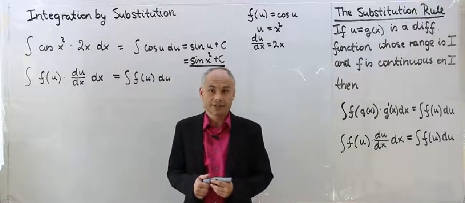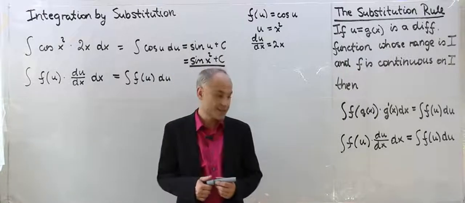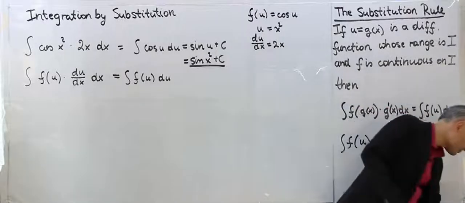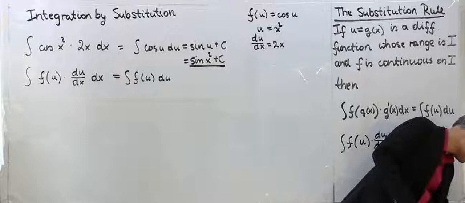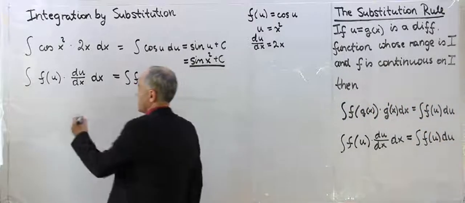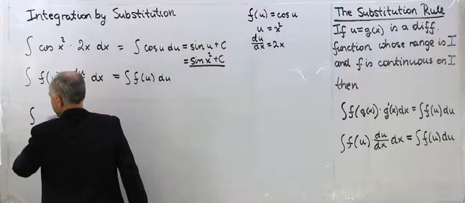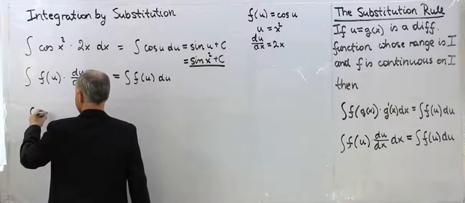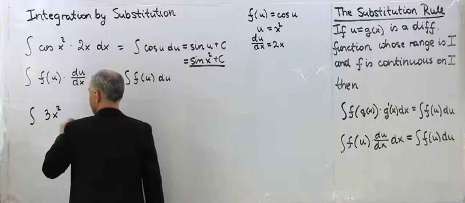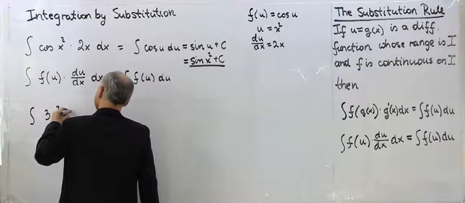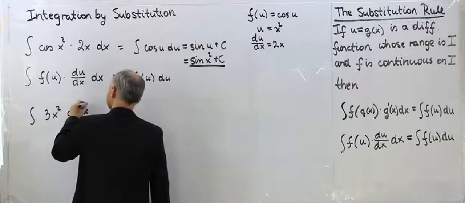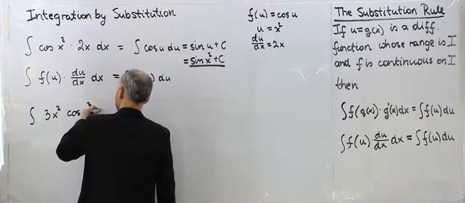Okay, so let's look at another example. This time I integrate 3x squared times cosine of x cubed dx.